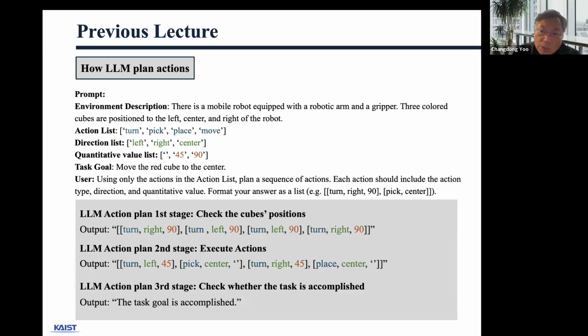So when you're instructing the LLM, these are the primitives or action groups: turn, pick, place, and move. This is just an example. There are 4 that have been defined, and you can define more. You can also define the direction, left, right, and center, and quantitative values of nothing, 45 and 90, and so forth.